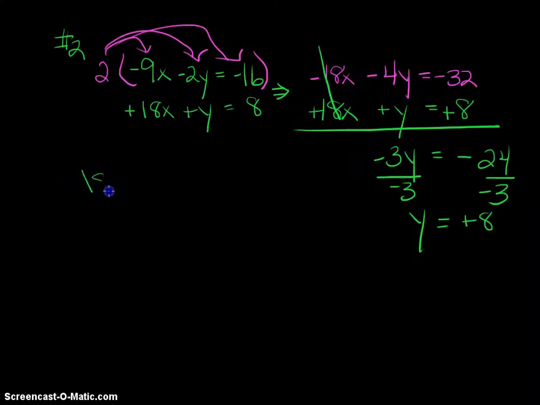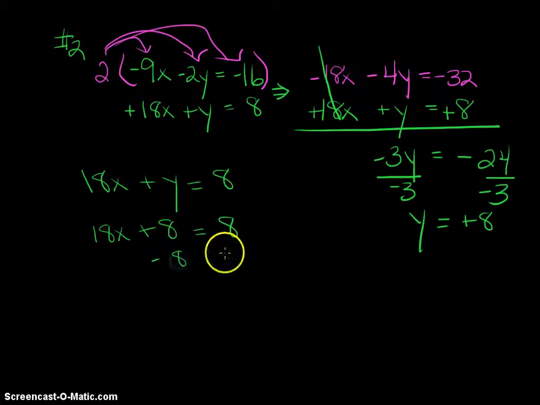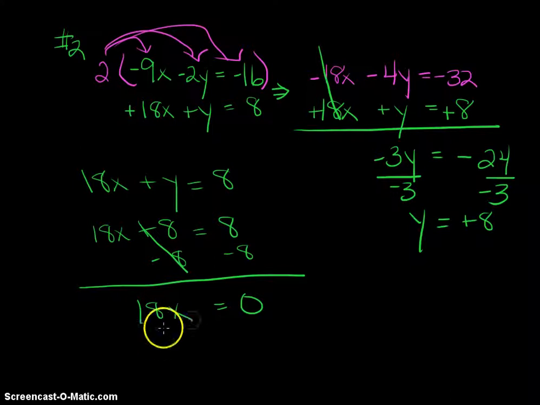So I've got 18x plus y equals 8, and instead of that y, I'm going to plug in that 8. So it's 18x plus 8 equals 8. And then I'm just going to solve. I'm subtracting both sides by 8. 8 minus 8 is 0. This reduces down to 0 equals 18x.